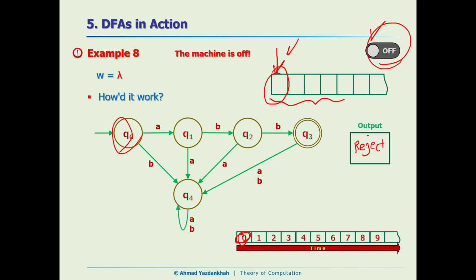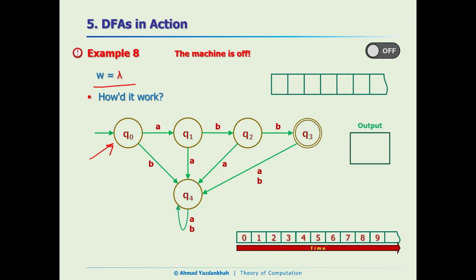So based on our knowledge so far, when the cursor is pointing to an empty cell, the machine stops. So we predict that when we turn on the machine, it immediately stops. It stops here, which is a regular state. So we predict that this machine does not accept lambda. Let's see.